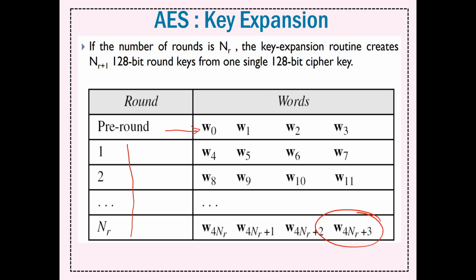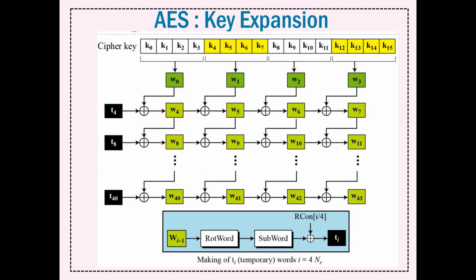Now, what is the rule? For that, I need the description of this. We don't need to follow this block diagram as such, but this gives us an understanding of how the words are generated. If you look closely, it's very simple to understand. These are my cipher key, which is W0, W1, W2 and W3. Now, how is W4 generated?